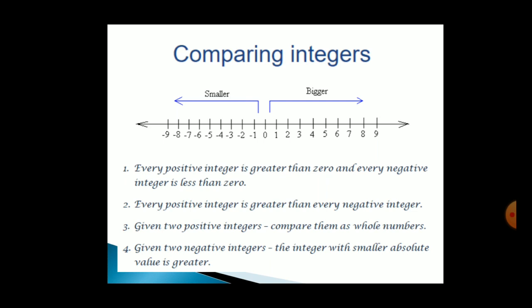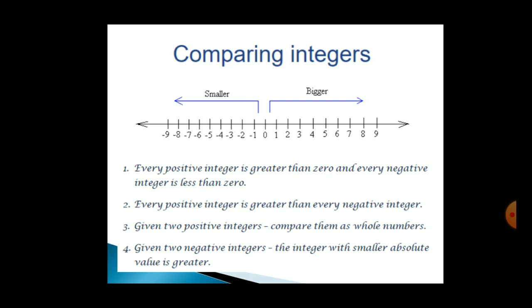And from 0 to the left side, these are the negative integers, which are in decreasing order. So, we can say that every positive integer is greater than 0 and every negative integer is less than 0. So, every positive integer is greater than every negative integer.